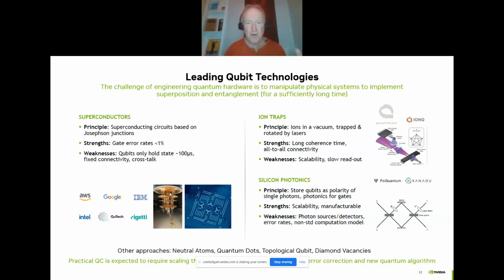All of these approaches in some way or another look to isolate and trap some measurable properties of quantum particles that can be used to make these measurements. It could be the spin of an electron or the polarity of a photon. These are the kind of physical properties that we're using to represent a qubit.